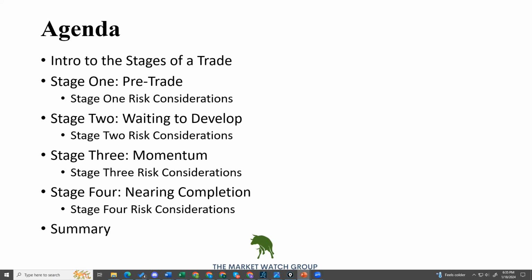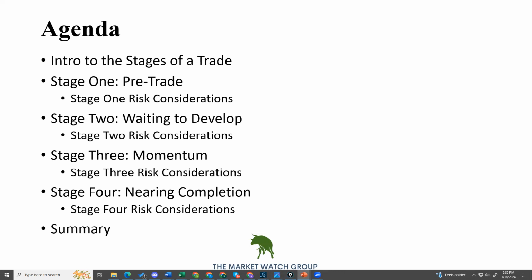Stage three, momentum. We need to know what it looks like when we move into stage three. We need to know what our risk considerations are in stage three. And we need to know what it looks like as we get towards the tail end of stage three. And then we get to stage four. So stage three is the momentum phase. Things are doing what you thought.